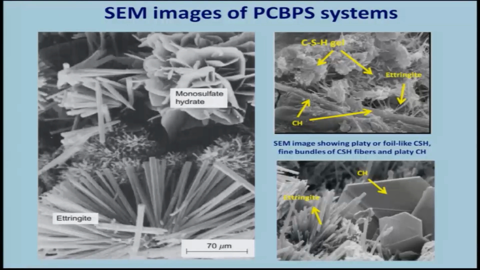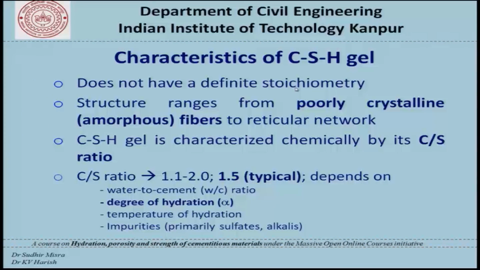So typically in a scanning electron microscope images, what you typically find is you have different compounds like monosulfoaluminates, ettringite, and other calcium hydroxide, and this one all clubbed together. So three figures are shown for easy understanding, and remember that we have already seen these figures individually in the previous lectures.